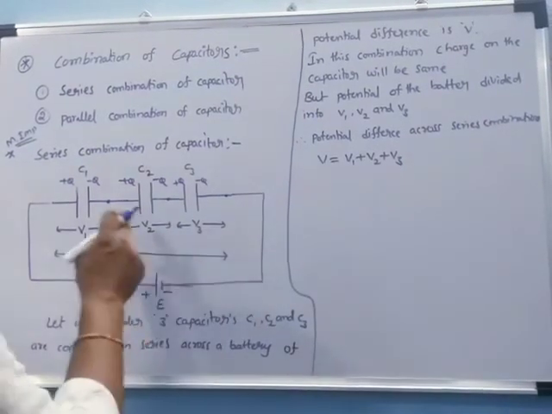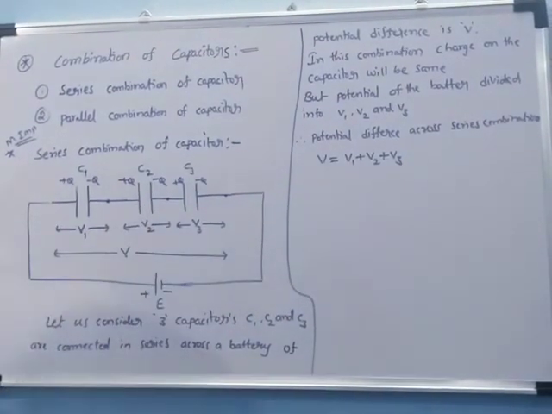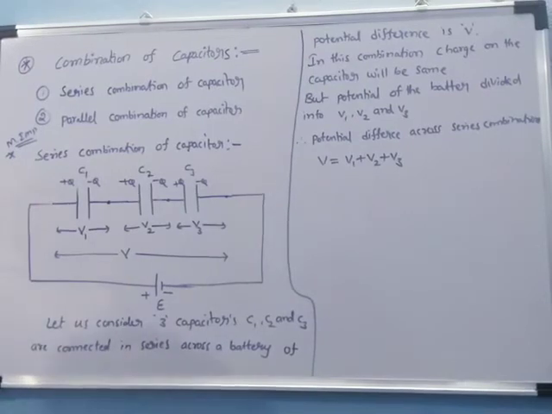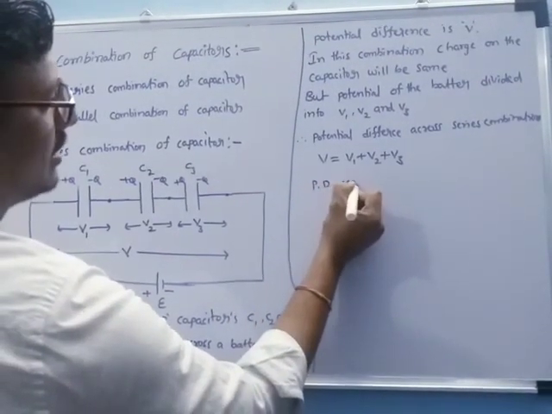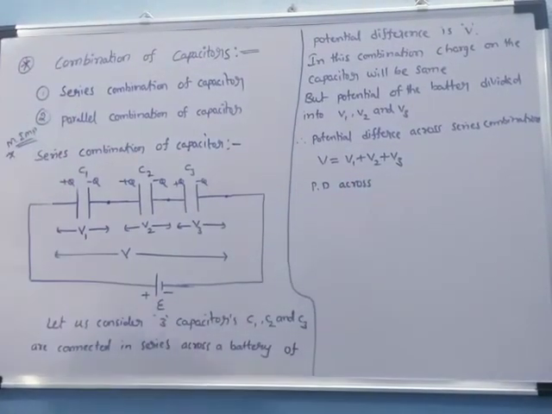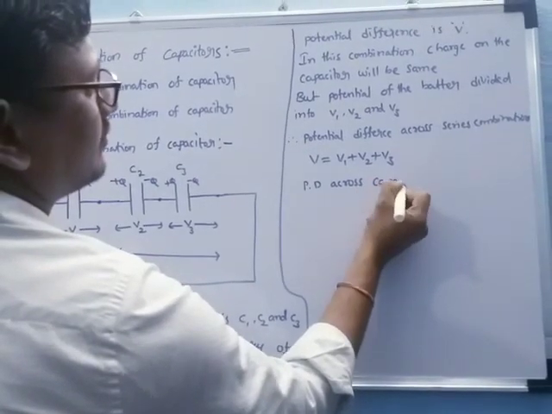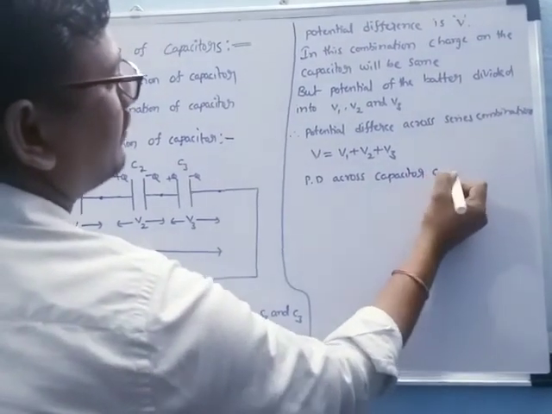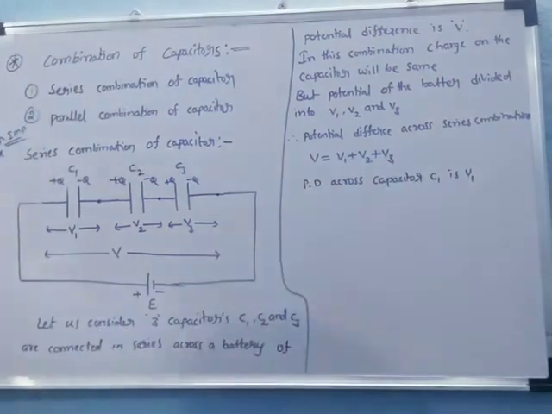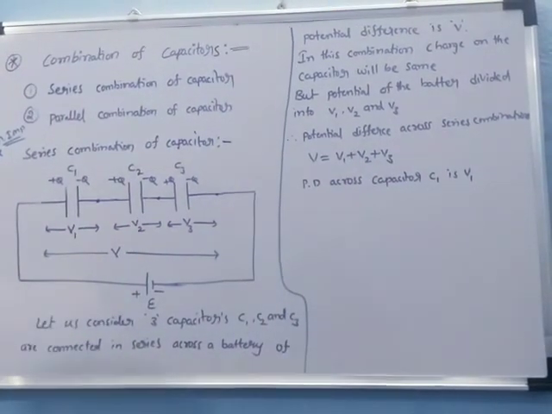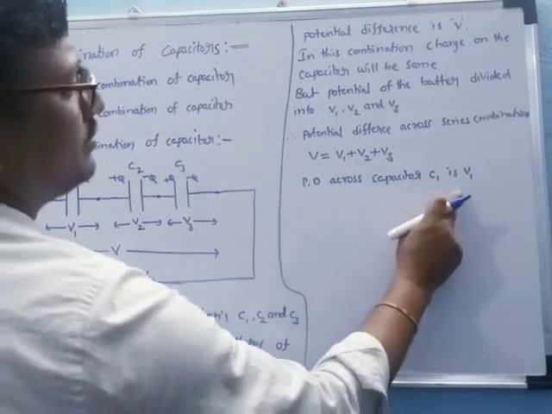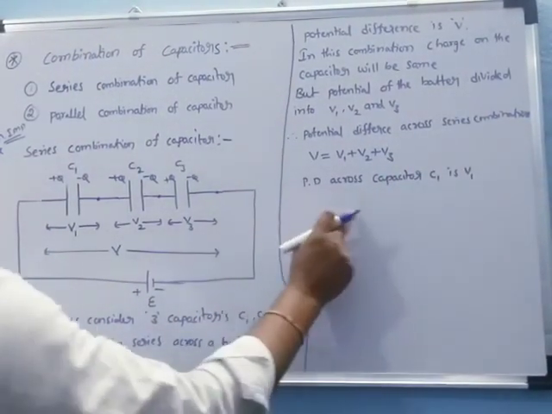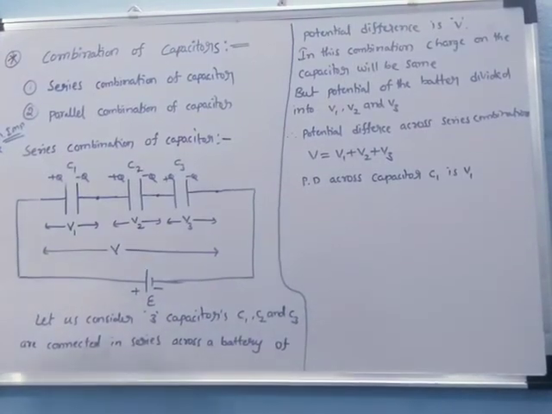We know that for each capacitor the potential difference across C1 is V1, across C2 is V2, and across C3 is V3.